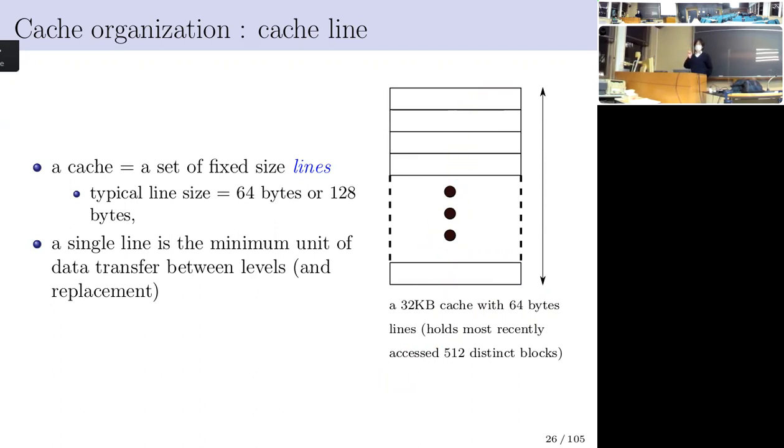So it's different from a cache that is able to hold 32,000 arbitrary addresses. It can only hold 512 contiguous 64 byte blocks in the address space. This is what the real cache looks like.